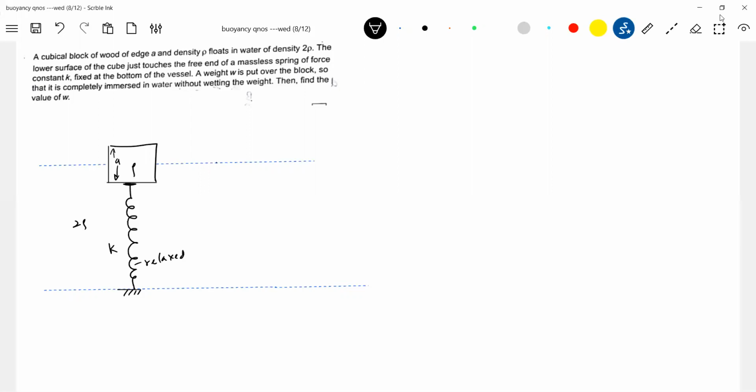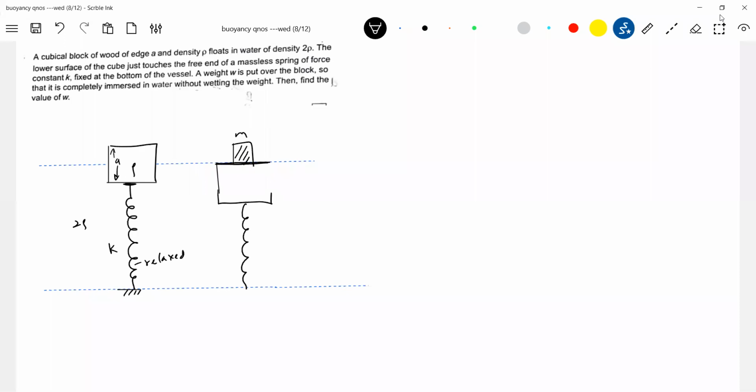How much mass must be added? So there's a weight W. Without wetting the weight, this should be the condition.